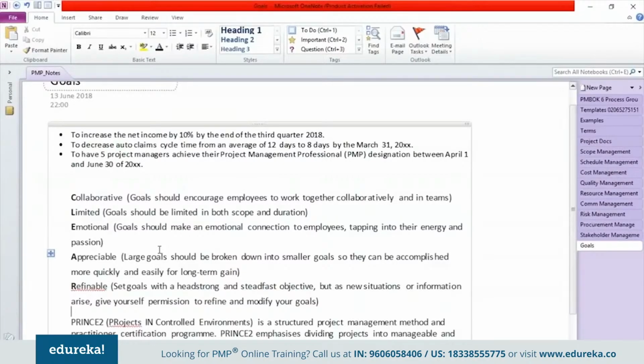As I was mentioning some time ago about digitizing the entire banking experience, that's a very big vision. If you just start executing or working on this, it will be very difficult to execute. But if you break it down, that I want to digitize the customer experience for retail banking.